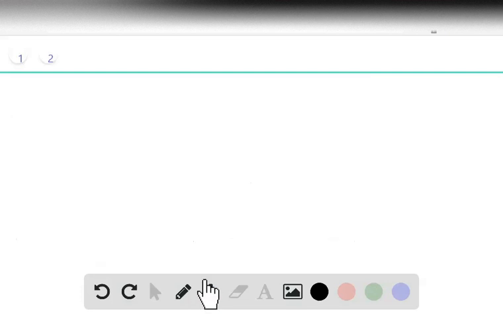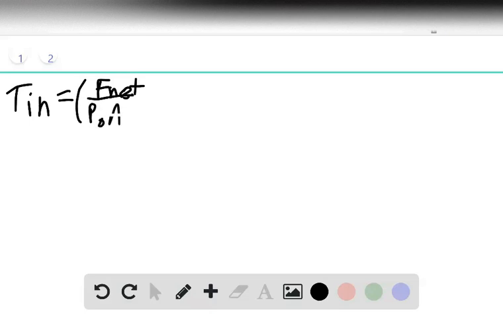Okay, so now T in equals F net over P naught A plus 1, times T naught.